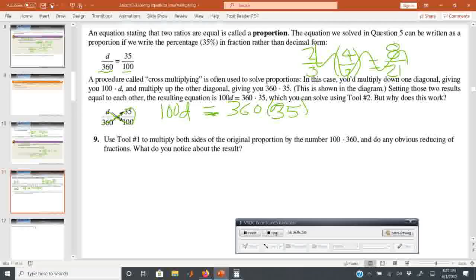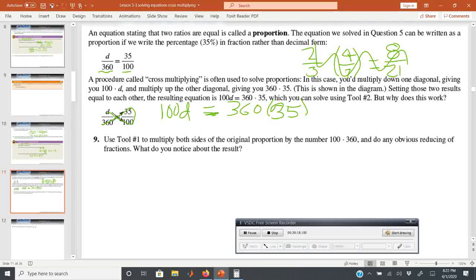So cross multiplying, you would take the d times the 100, and you take the 360 times the 35. And a lot of people now are calling that the fish.